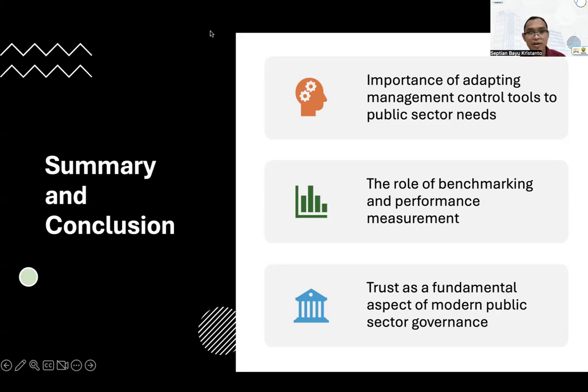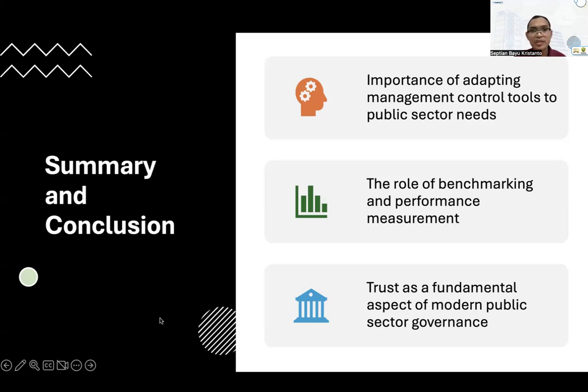And the third, in the end of the summary, trust is a fundamental part of our modern public sector governance. So in the end, with the actions of the governments, they will create trust, or they want to gather high trust to serve their citizens.